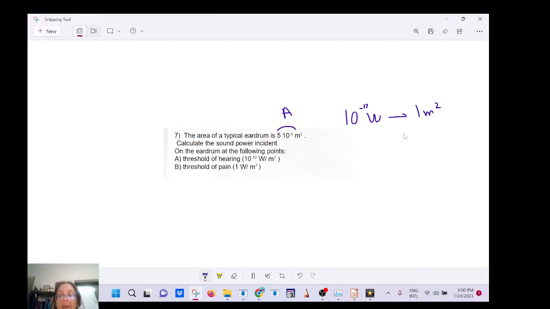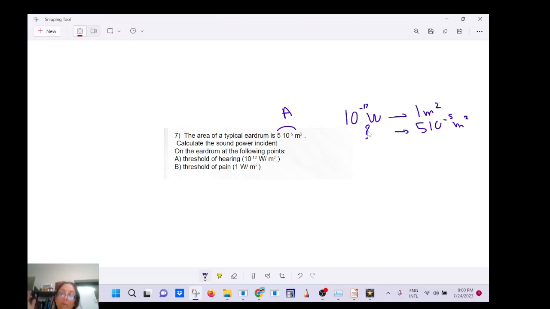So if the area is 5 times 10 to the negative 5 meters square, how much energy is going to flow per second through your eardrum? How much energy is going to hit your eardrum?